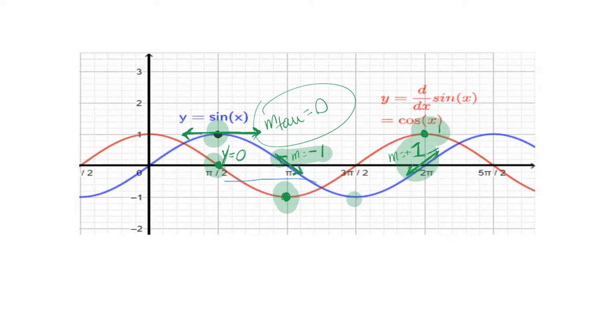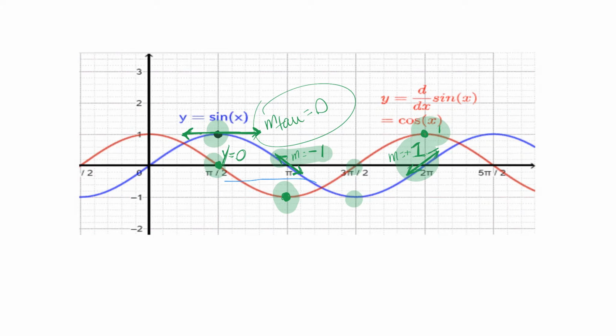It works over here too. I just didn't point this one out. But here's another minimum on sine, which would have a horizontal tangent line, so a slope of 0. And what's the value of cosine? 0. And when I say value, I'm talking about y value.